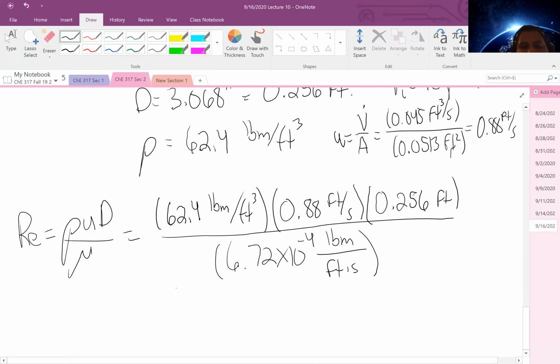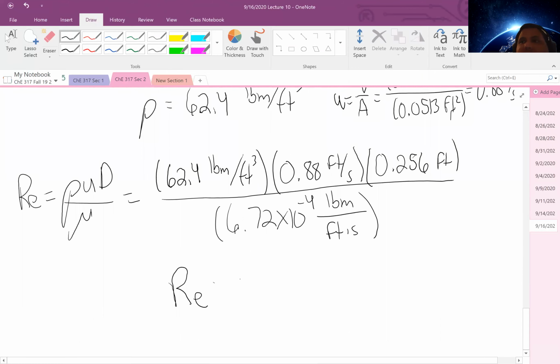So if we calculate this Reynolds number, we should get somewhere on the order of about 20,000. Let me do the calculation real quick. Yeah, so about 21,000.